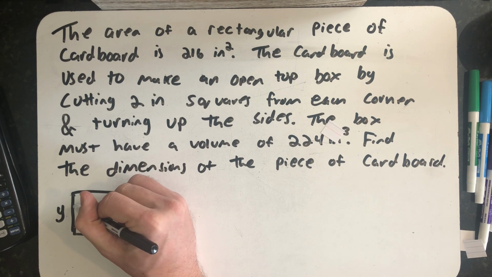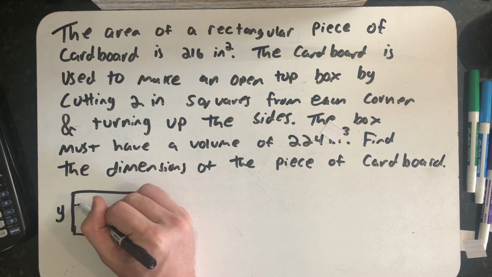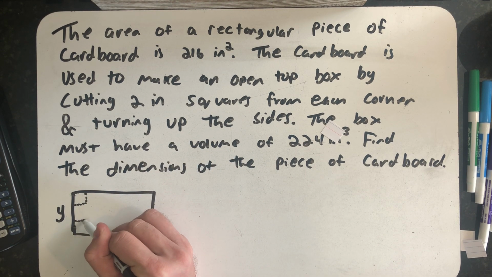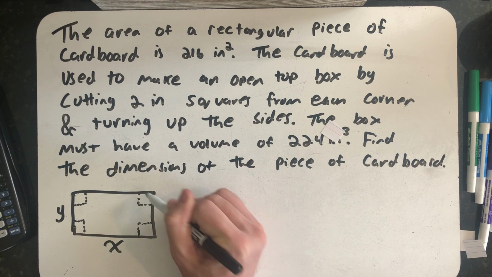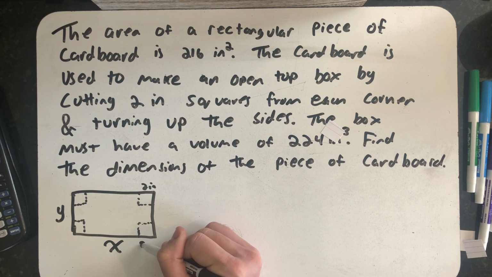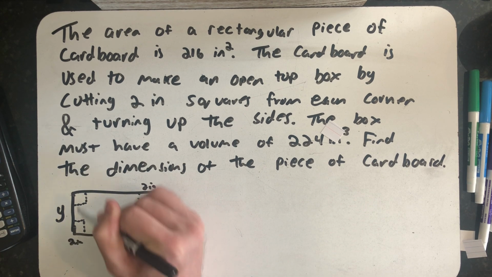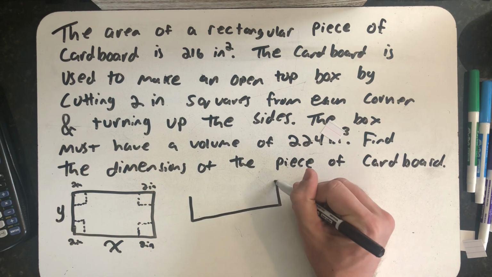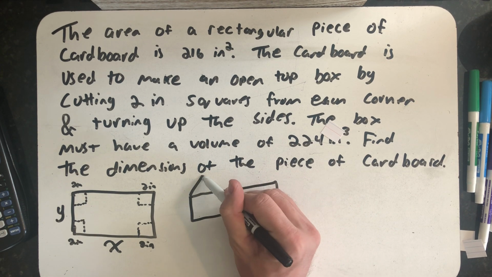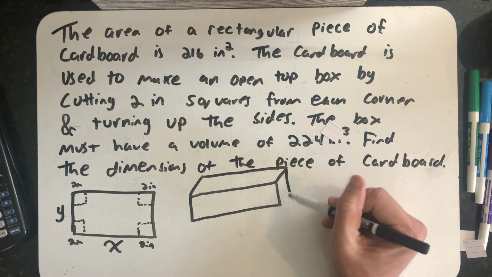Then I'm going to imagine cutting squares that are 2 inches by 2 inches off each corner. So the squares measure 2 by 2. And folding up those edges to get a box in the shape of a rectangular prism.